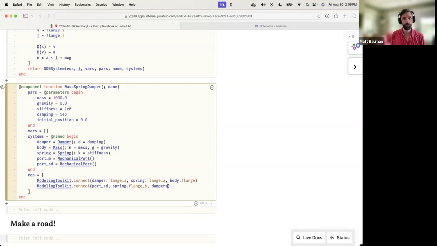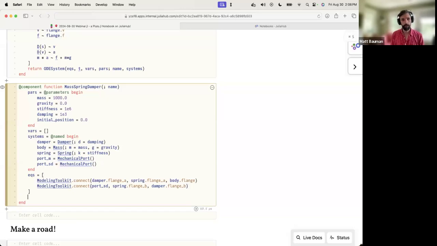Doesn't matter which order you put these in. Flange B, like that. Okay, great. And then we have our ODE system here, right? We would want to just return the ODE system.